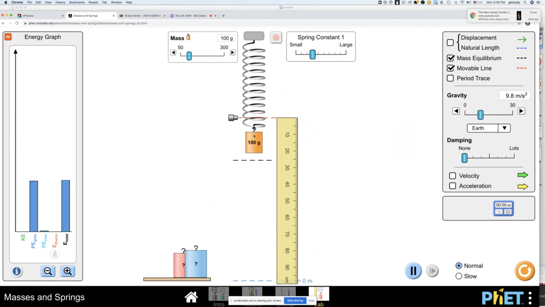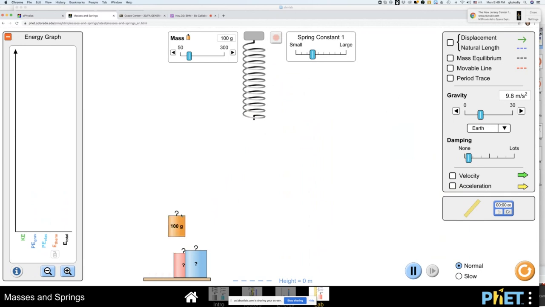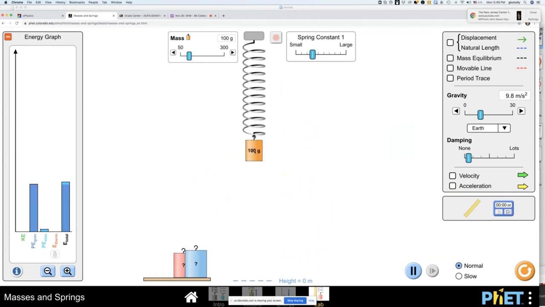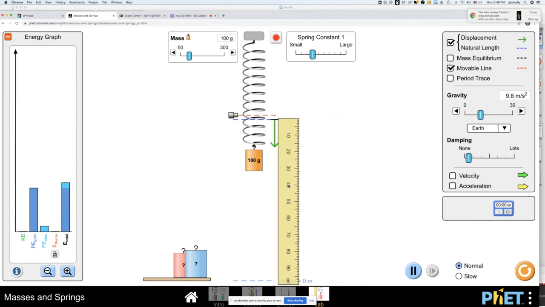The displacement we have, we can measure all these things with a ruler.